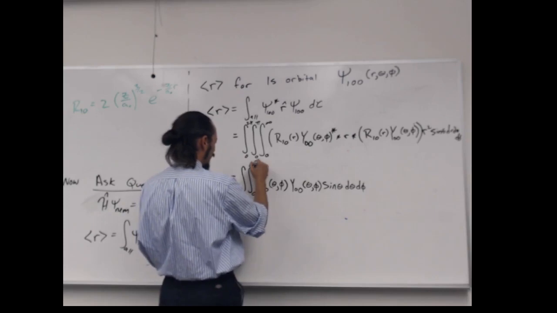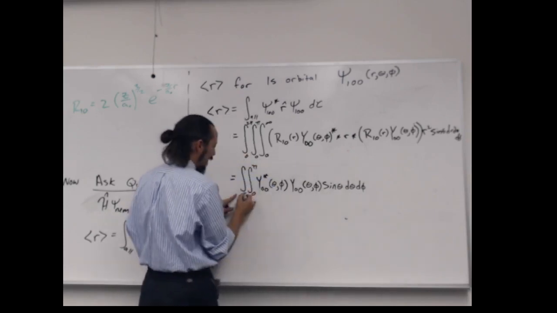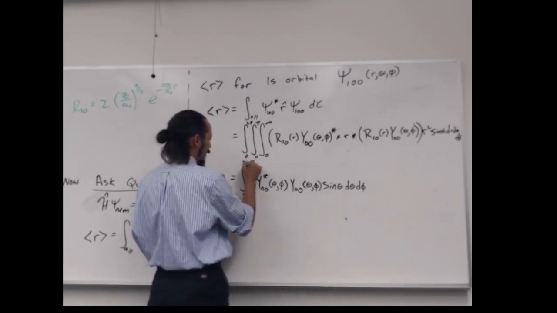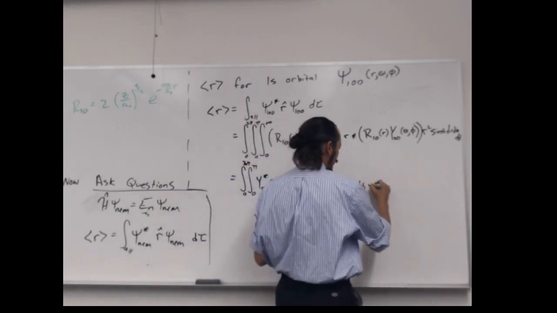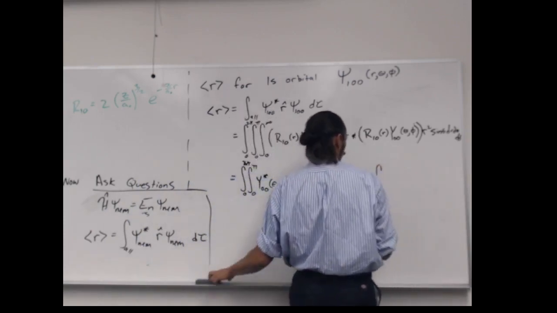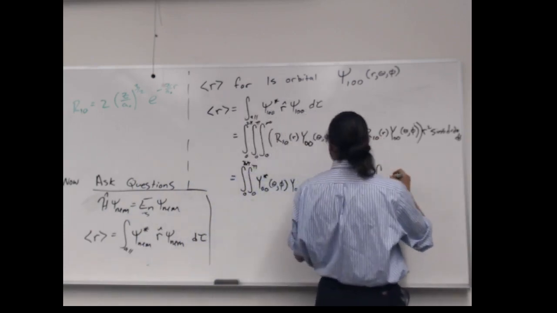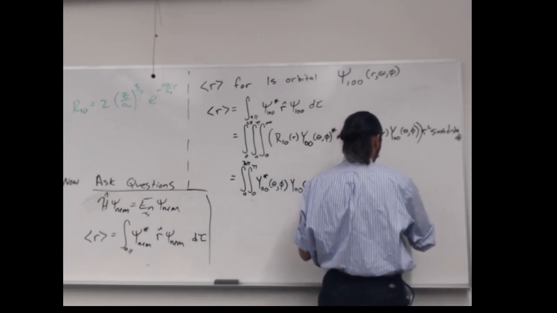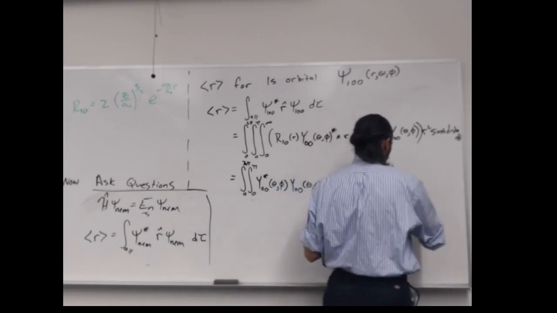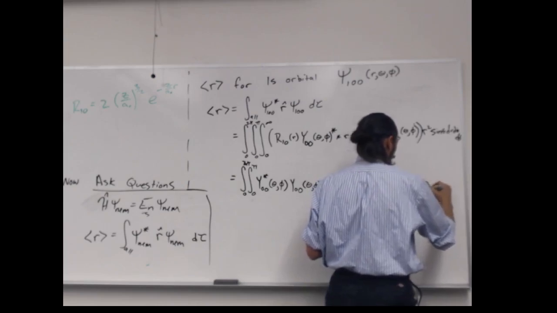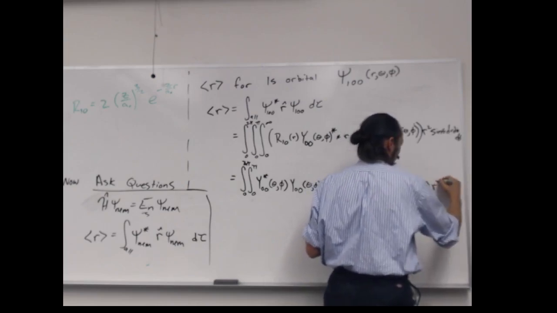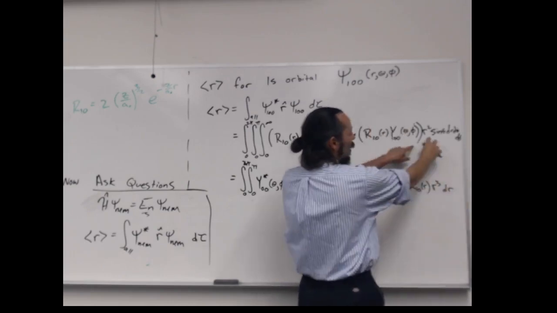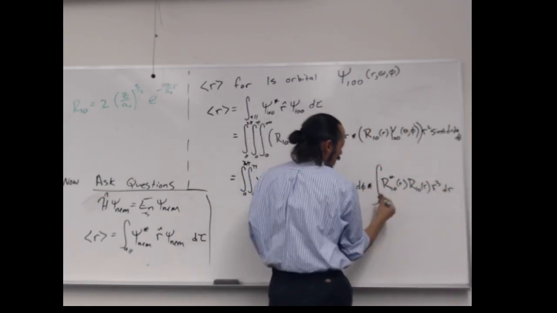Theta is first, so that's the 0 to pi. Phi is second, so that's the 0 to 2 pi. Times the integral of R10 R10 r cubed dr, where the cubed comes from the squared times the r in there.